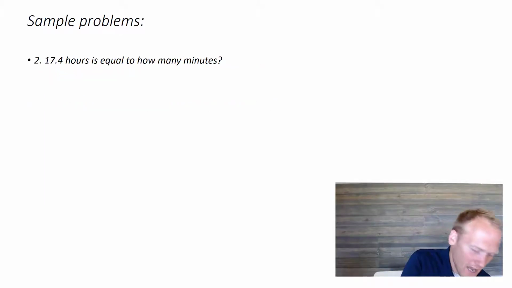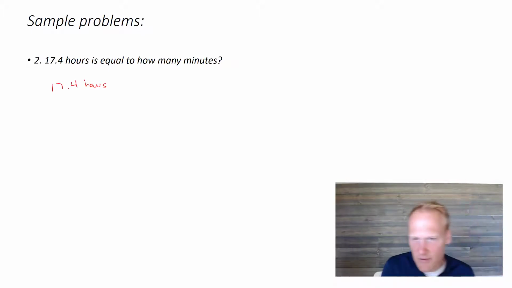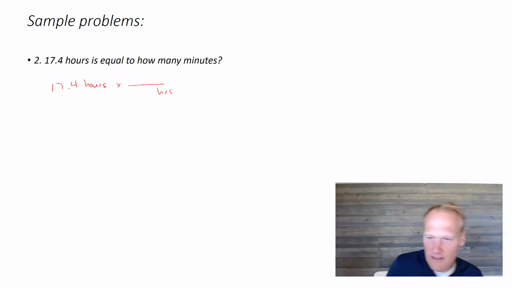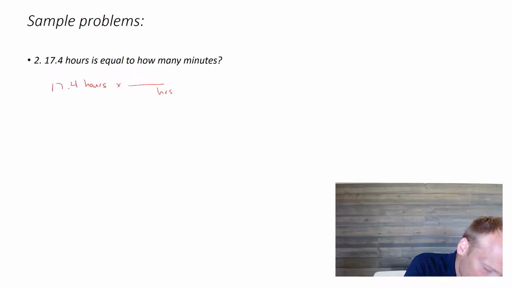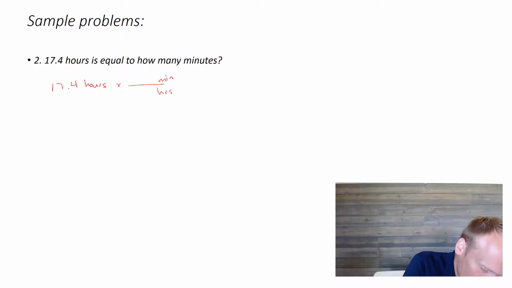17.4 hours is equal to how many minutes? First thing, we always record the given, 17.4 hours. Before we even look at where we're going, I know that hours has to be down here, because we're trying to cancel it out. We're going to go from hours to minutes, and I know that in 1 hour, there are 60 minutes.